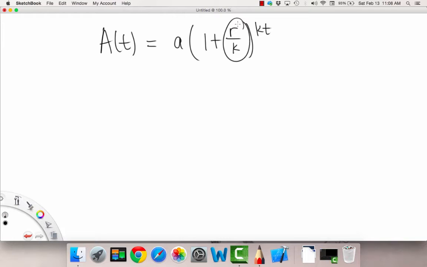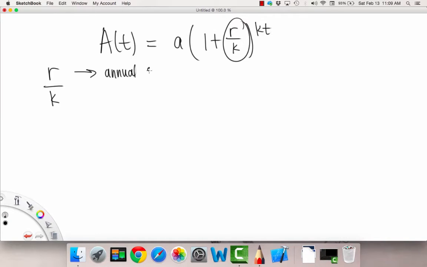Alrighty? So now let me rewrite the formula here for compound interest. We have A of t is equal to A times 1 plus r over k, raised to the kt power. So in this context, what is r over k? r itself is the annual percent rate. This means per year, what is our percent rate of change?